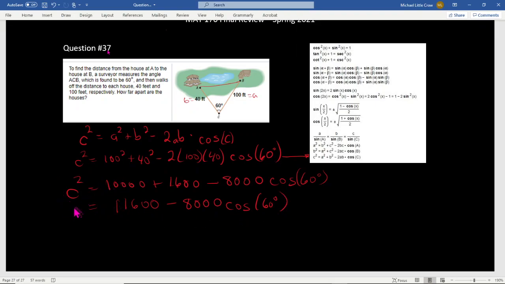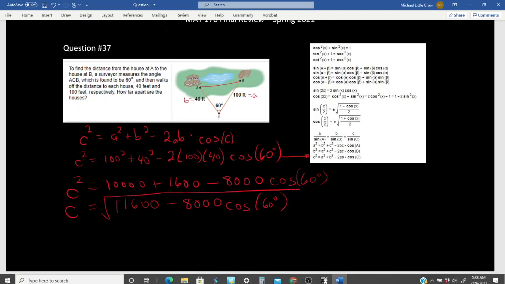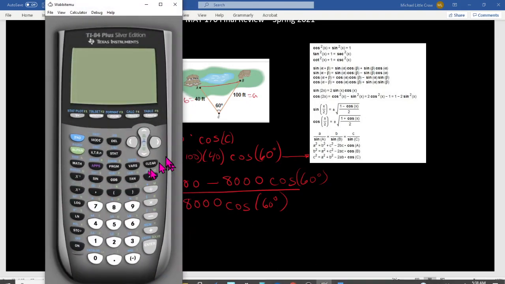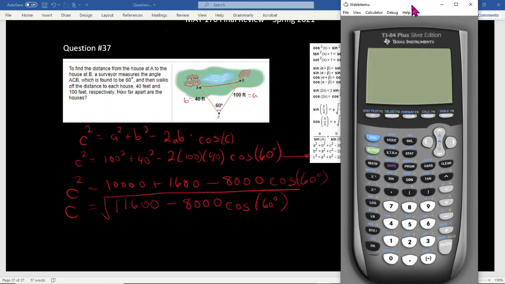I'm going to take the square root of both sides, so that c is equal to the square root, and that's all I've got to plug in now. Go to the calculator. Square root of 11,600 minus 8,000 cosine of 60.